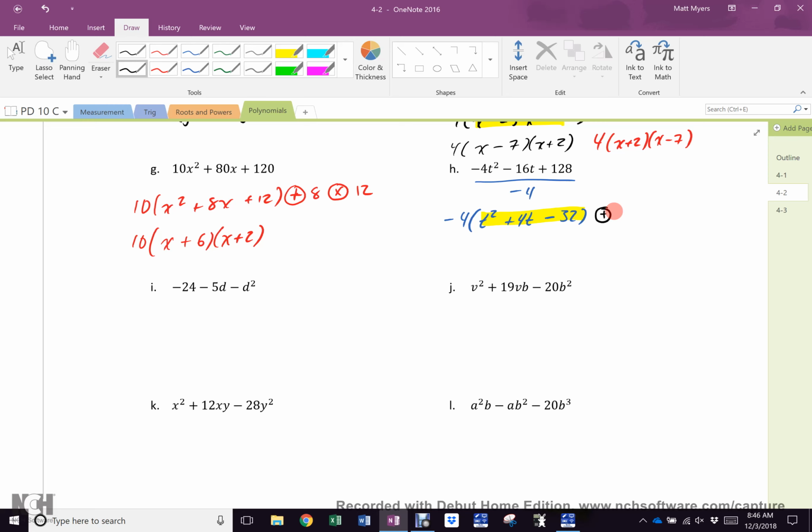So while you're waiting for me, you should be factoring t squared plus 4t minus 32. And then, while you're waiting on that, you should try I. Yes.